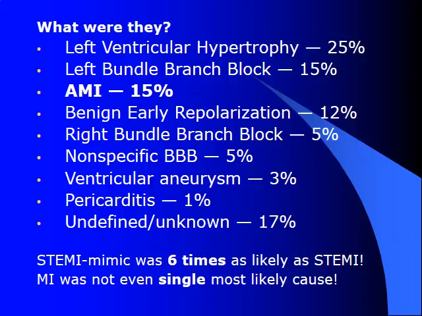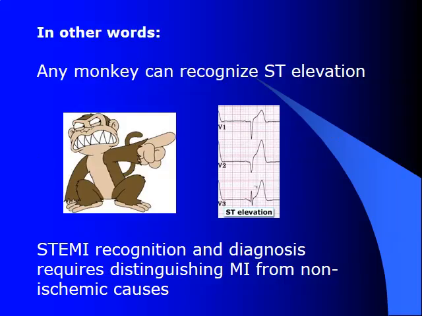A STEMI mimic was 6 times as likely as a STEMI. MI wasn't even the single most likely cause. So what that says is, basically any monkey can recognize ST elevation. But the difficult part is recognizing ST elevation and distinguishing an MI from a non-ischemic cause. So that's what we will get into in our next lecture.